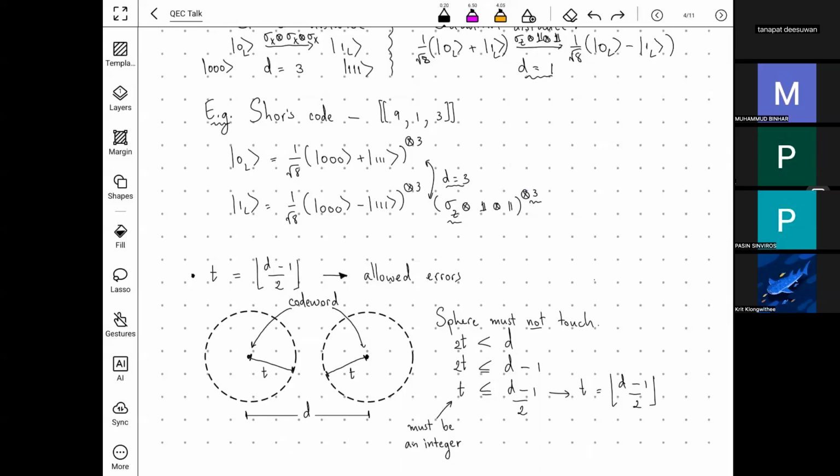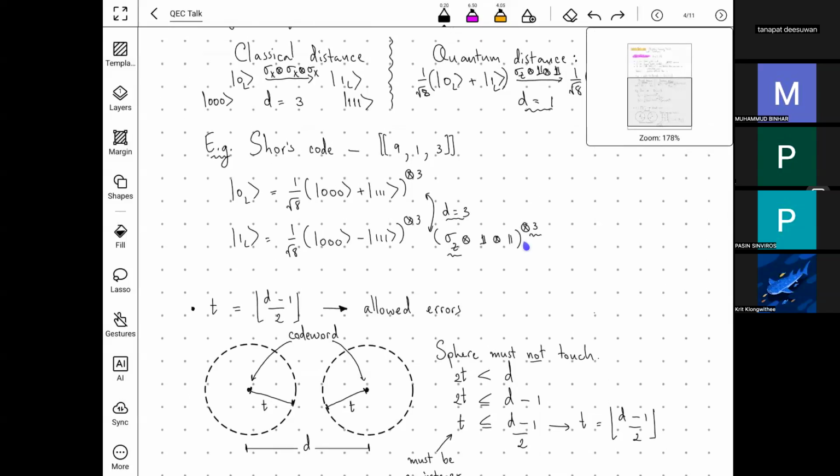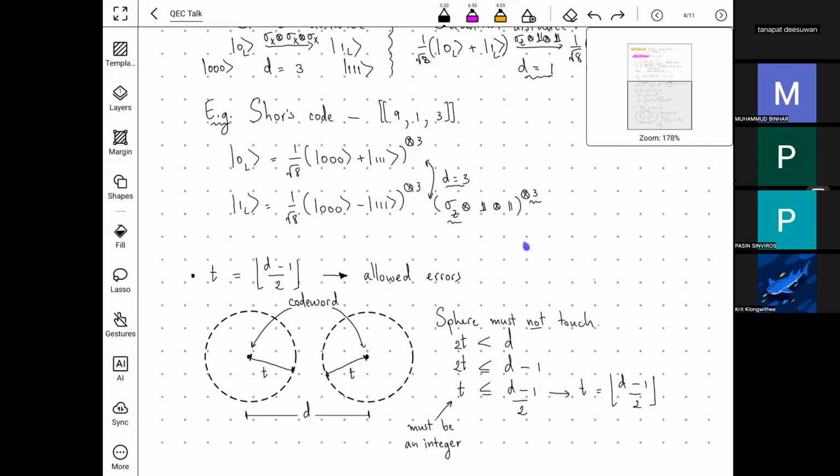Okay. Now that you know how to label the code, another term that I would introduce in order to explain the quantum Hamming bound is T, which is the number of allowed errors. T is defined to be the floor function of d minus 1 over 2.